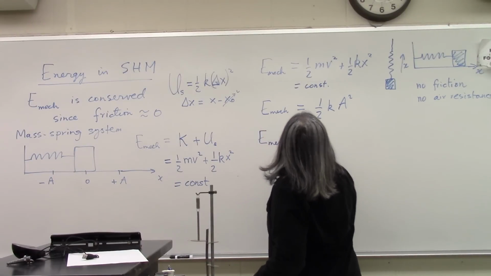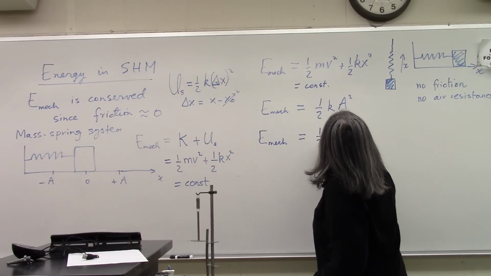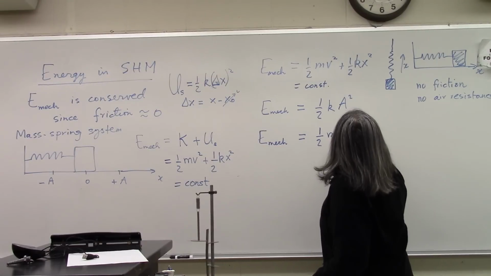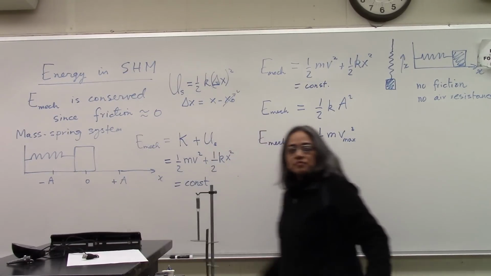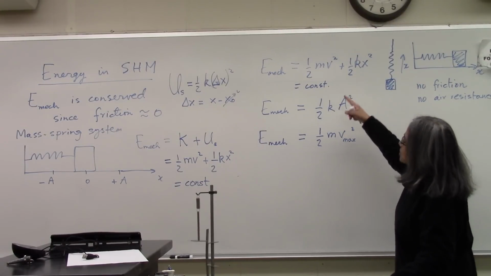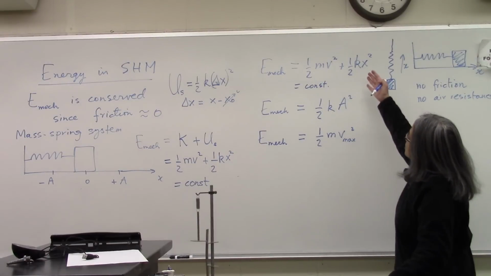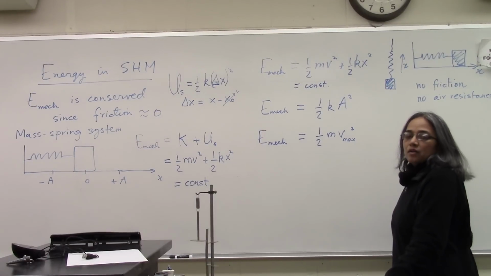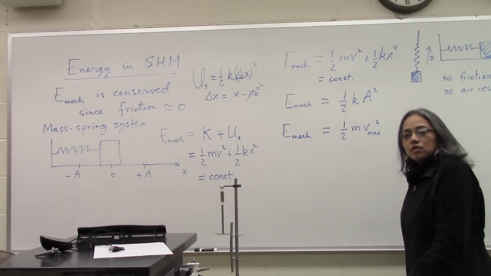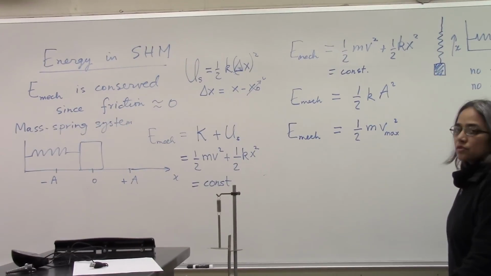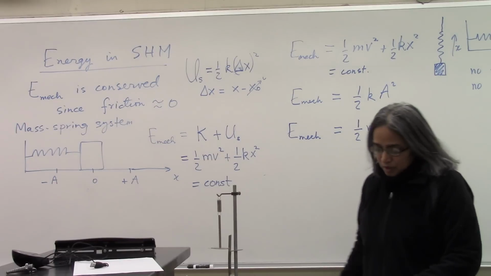Similarly, this is also true, that E mechanical is half m v max squared. Now this is true at the origin, but again, because energy is conserved, it's also true everywhere. So you want to understand that these three statements are true statements about the mass spring oscillator, vertical or horizontal, in the absence of dissipative forces like friction and air resistance.